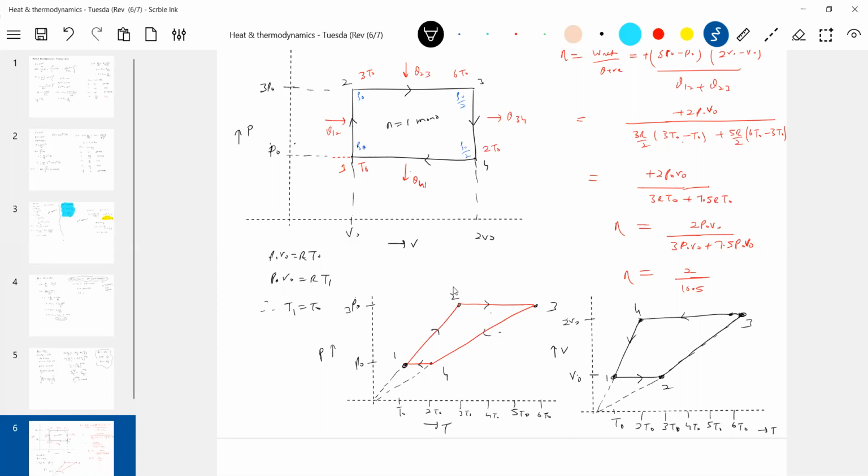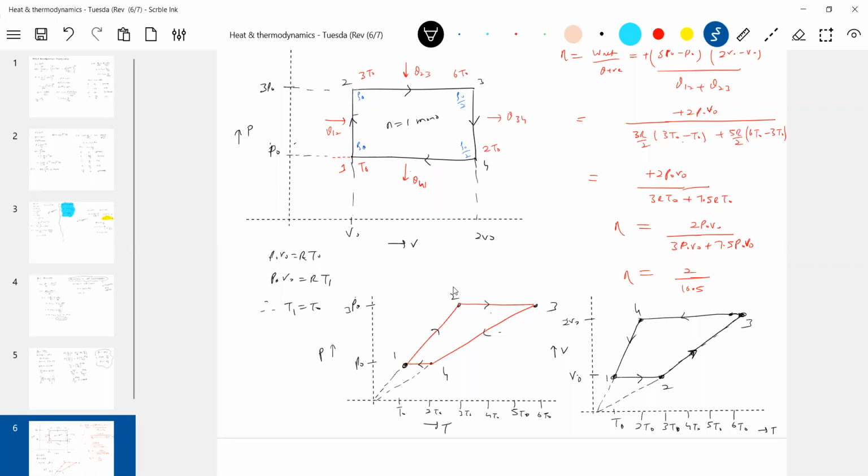Some students are thinking there is some concept here, but there's nothing, just some basic methods you have to apply. In the first graph, the PV graph, you should be able to identify all the processes. Now you see that in the VT graph. What is 1, 2? Isochoric process. Volume should be constant.